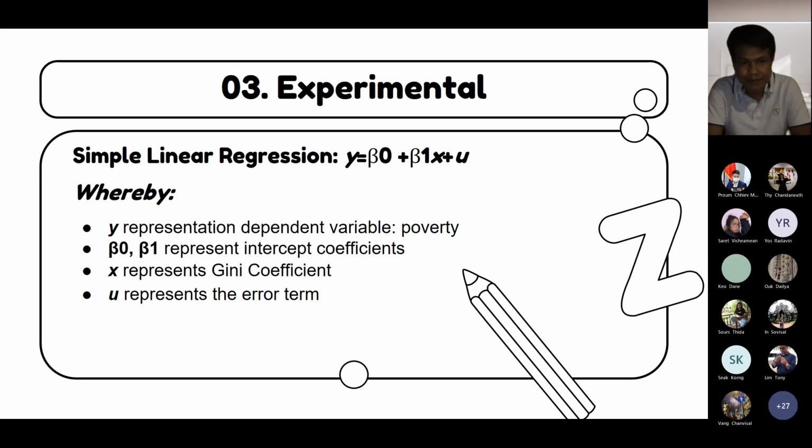The first model that he used is simple linear regression, where he used poverty as the dependent variable and income inequality as the independent variable, which is measured using the Gini coefficient that shows the degree to which family income deviates from an equitable distribution in an economy. And for the second model, next slide, please.